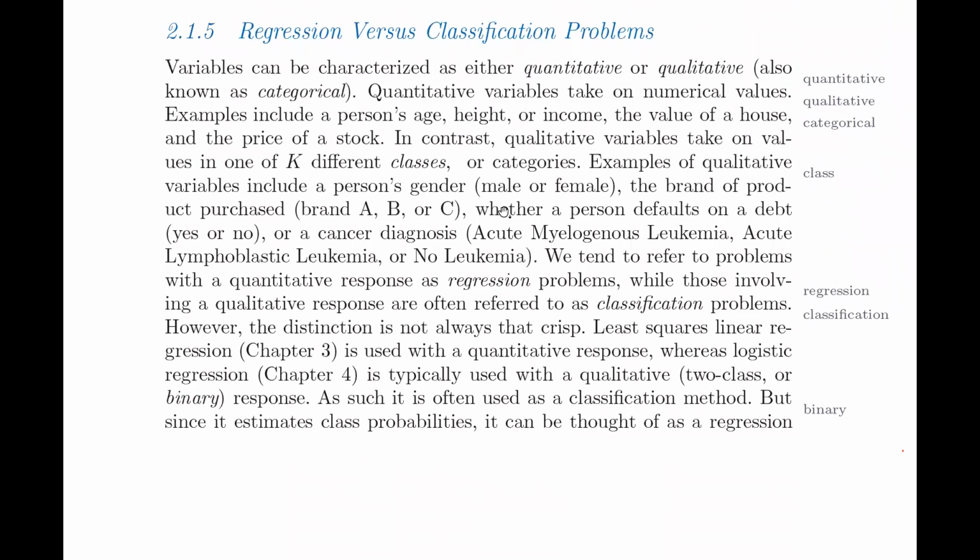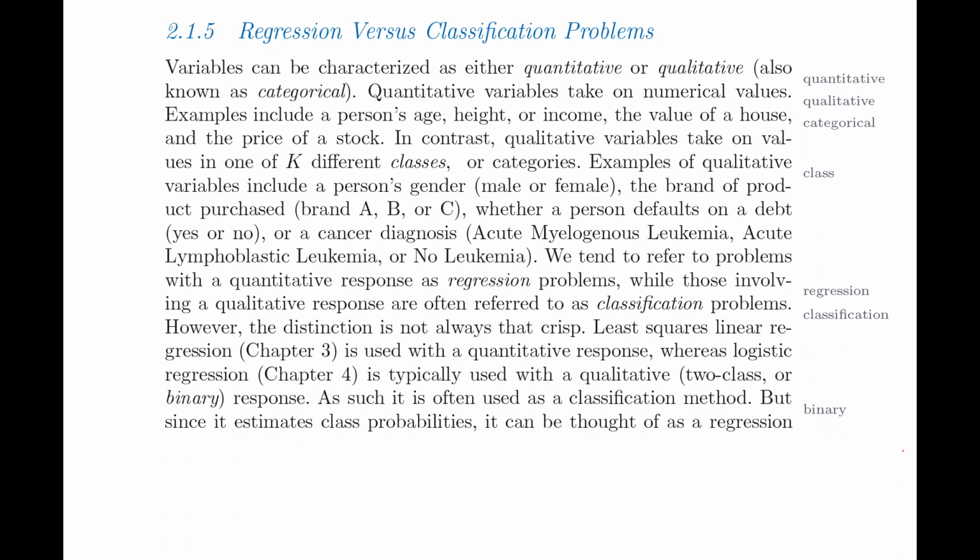Regression versus classification problems. Variables can be characterized as either quantitative or qualitative, also known as categorical. Quantitative variables take on numerical values. Examples include a person's age, height, income, the value of a house, the price of a stock.